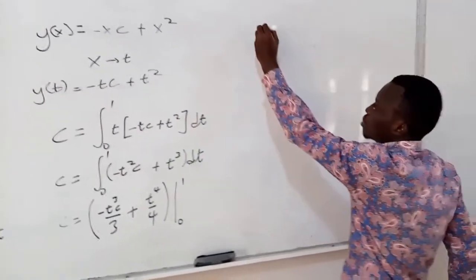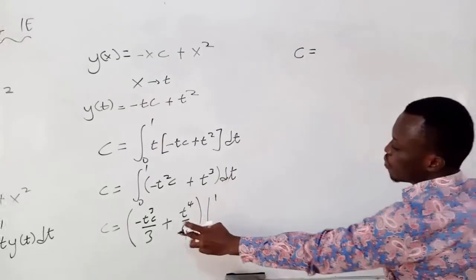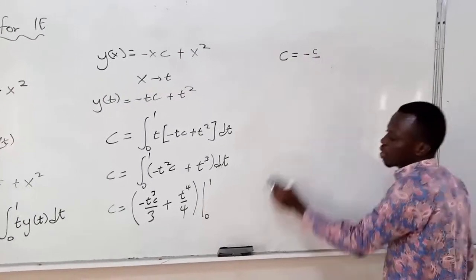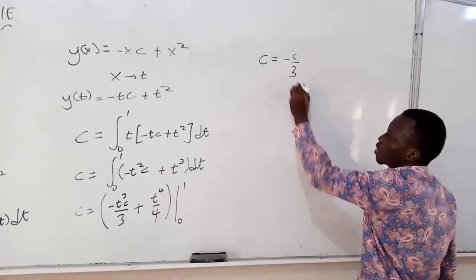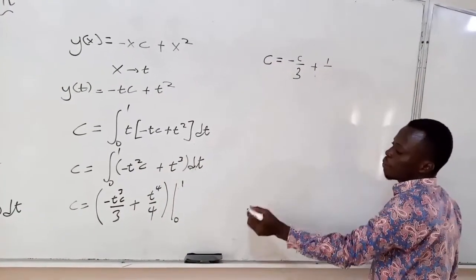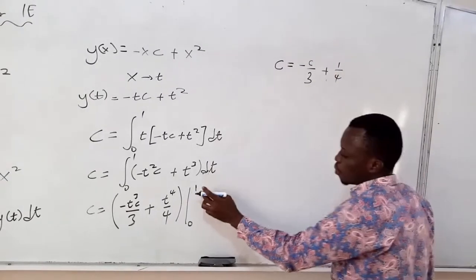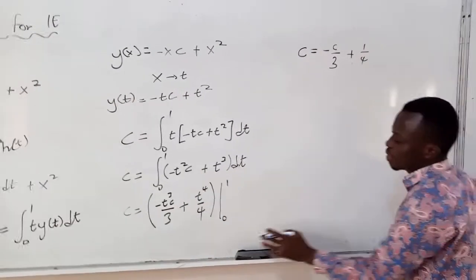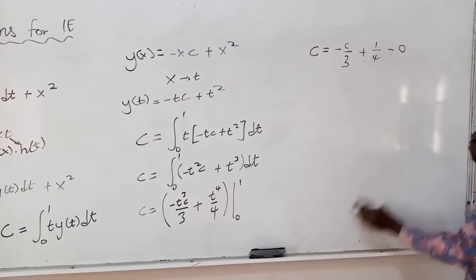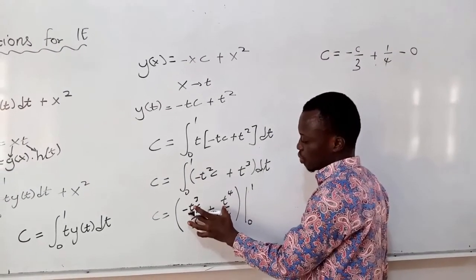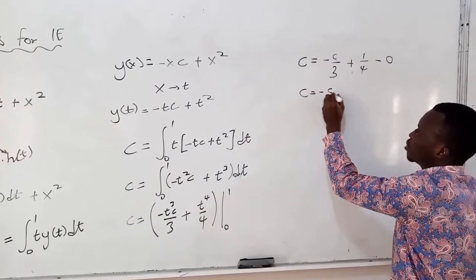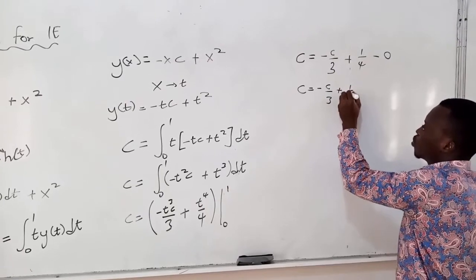So c is equal to, wherever you see t, you replace it by 1. So we are going to have minus c over 3, since 1 raised to the power 3 is 1, plus 1 over 4, since 1 raised to the power 4 is 1 over 4, minus 0, because wherever you place 0 into this equation, you get 0. So our c is equal to minus c over 3 plus 1 over 4.